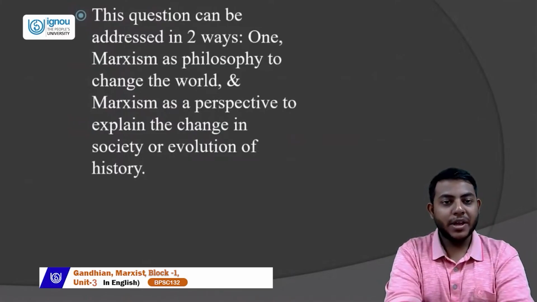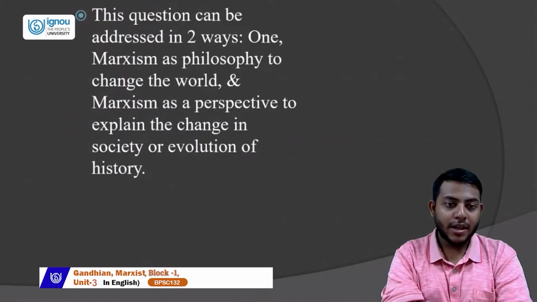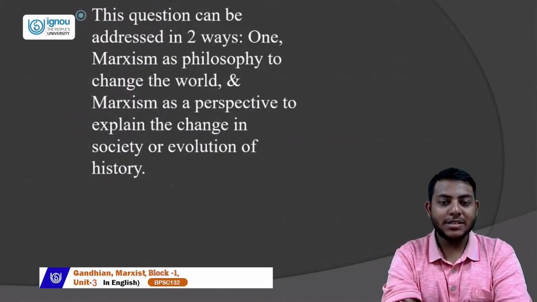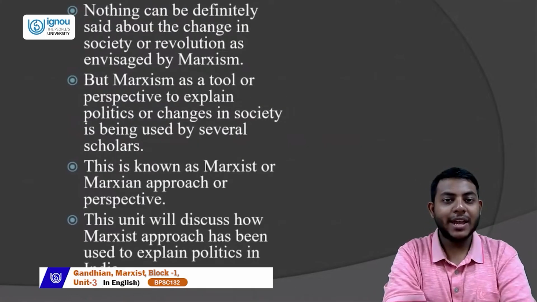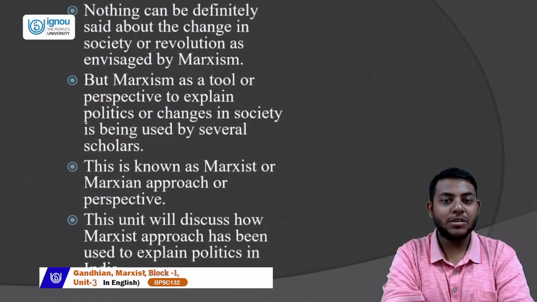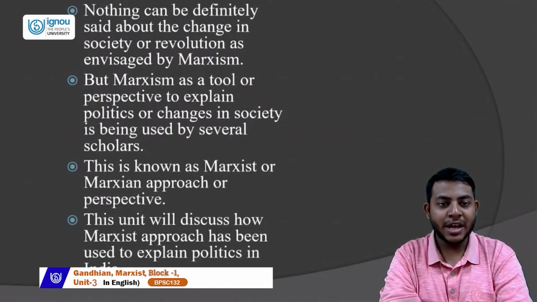The first way is Marxism as a philosophy to change the world, and the second is Marxism as a perspective to explain the change in society or evolution of history. Nothing can be definitely said about the change in society or revolution as envisaged by Marxism.